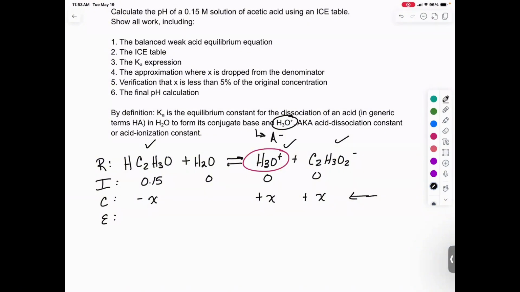So we have our I, our initial state, our C, which is our change. It's a temporary change. It's going to be dynamic there. And then we'll have a final equilibrium here. So I'm just going to sort of demonstrate the math. And then X and X. So far the math is pretty straightforward.